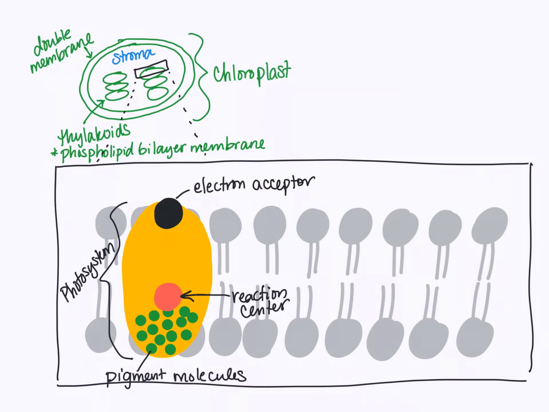To give you an idea of more specifically what we're looking at, we're really only looking at part of the membrane. So up here would be the stroma. And remember, the stroma is that fluid part in the chloroplast that's outside the thylakoids. So that would make the other side of this the thylakoid lumen.